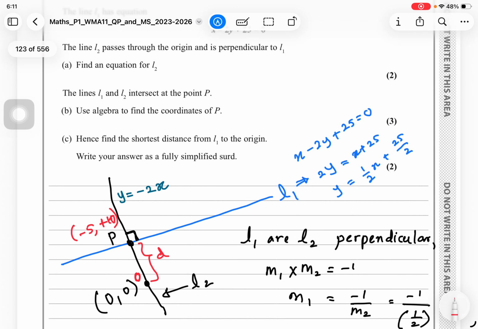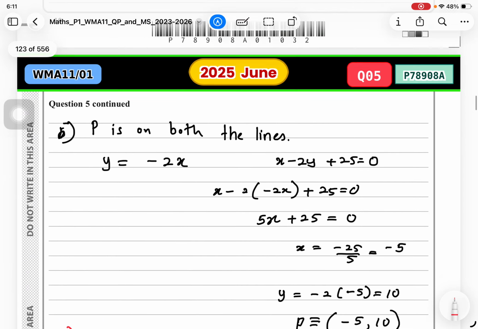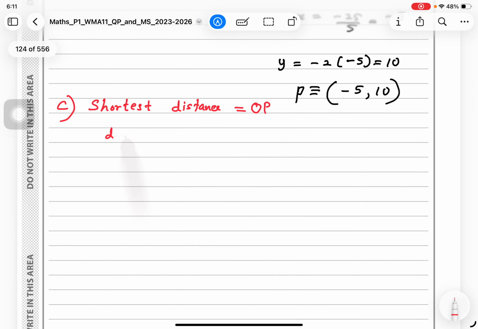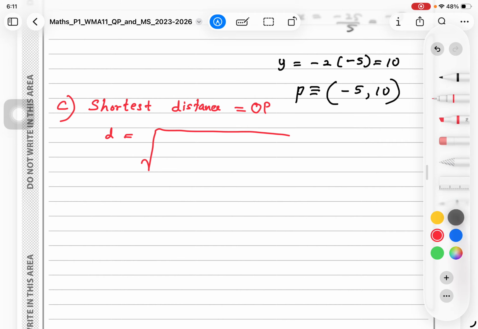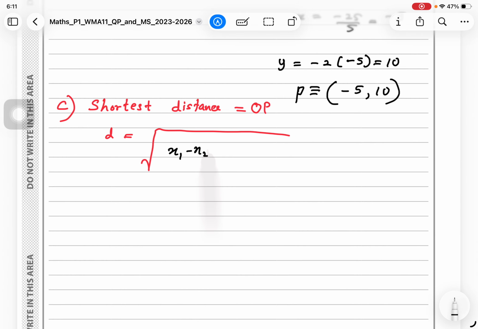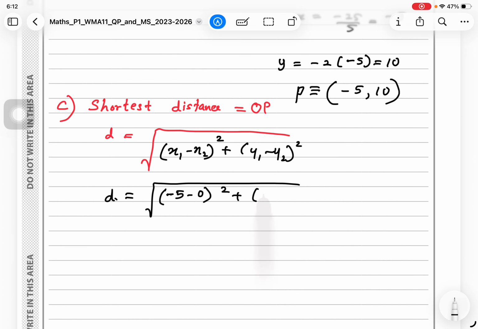So we have D, it will be root of, to get the distance, the theory is x1 minus x2 whole thing squared plus y1 minus y2 whole thing squared. So in this case it would be -5 minus 0 squared plus 10 minus 0 squared, because point O is 0, 0.